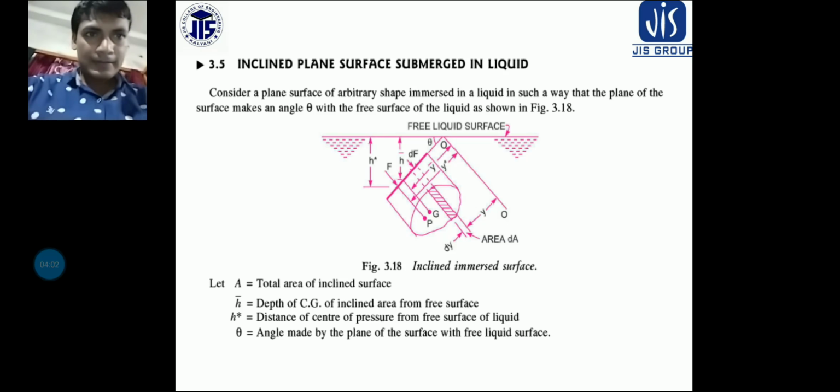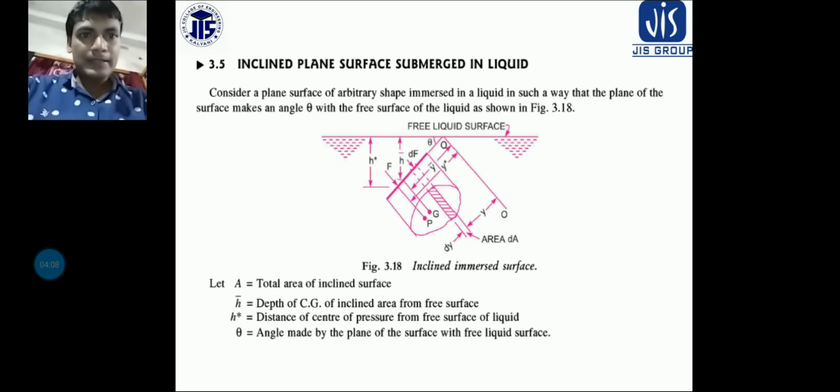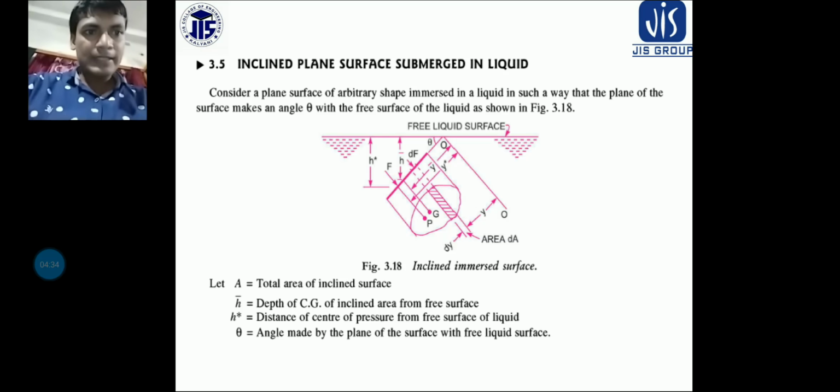Let h bar be the depth of the center of gravity of the inclined area from the free surface, and A is the total area of the inclined surface. h star is the depth of the center of pressure from the free surface of the liquid, and theta is the angle made by the plane of the surface with the free liquid surface. So these are the considerations.